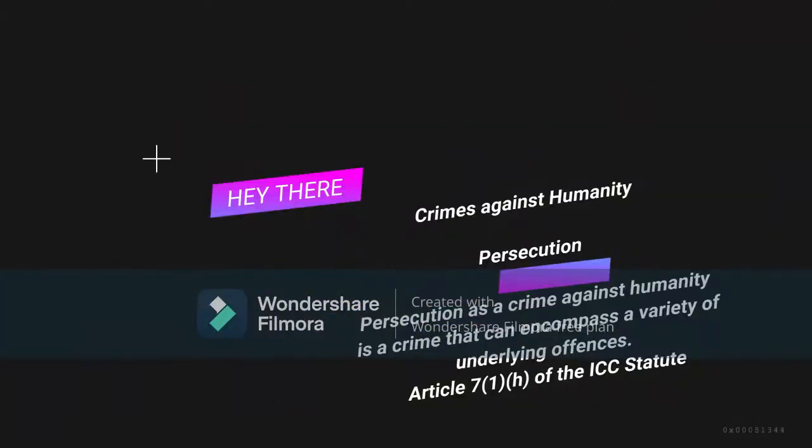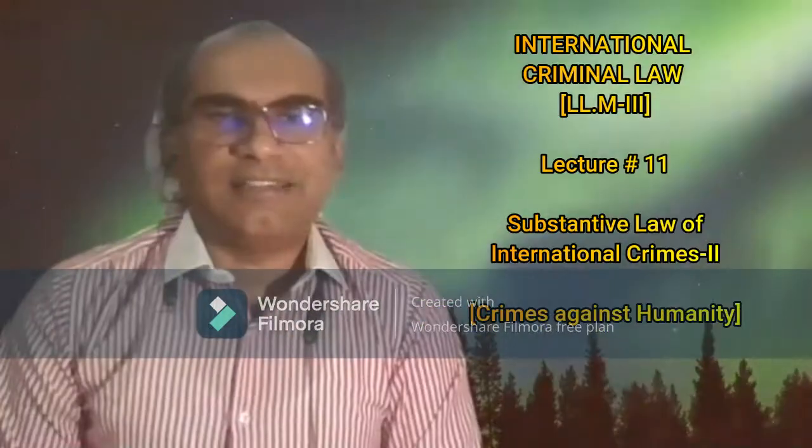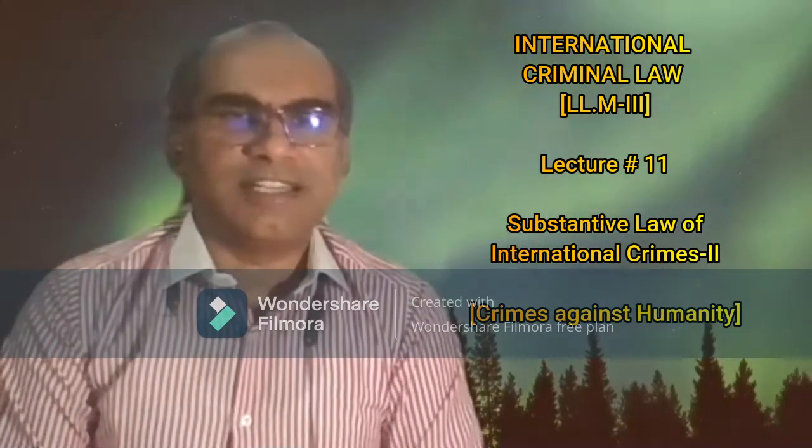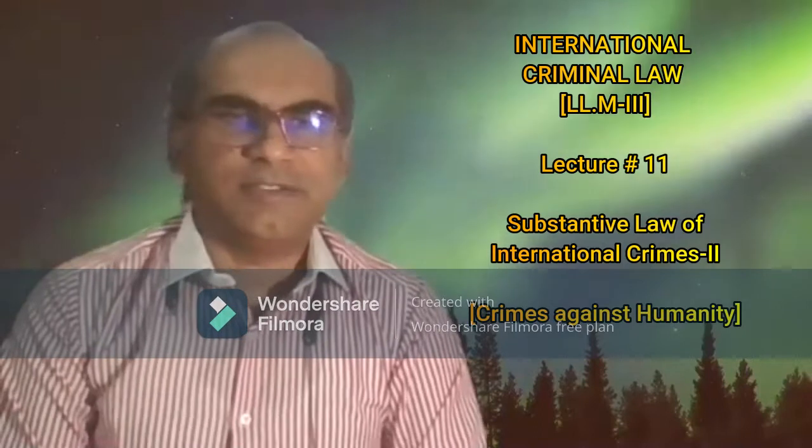Thereafter, the next offense, clause H of the same article, is the crime against humanity of persecution. The elements of that offense: the perpetrator severely deprived, contrary to international law, one or more persons of fundamental rights. The perpetrator targeted such person or persons by reason of the identity of the group or collectivity, or targeted the group or collectivity as such.